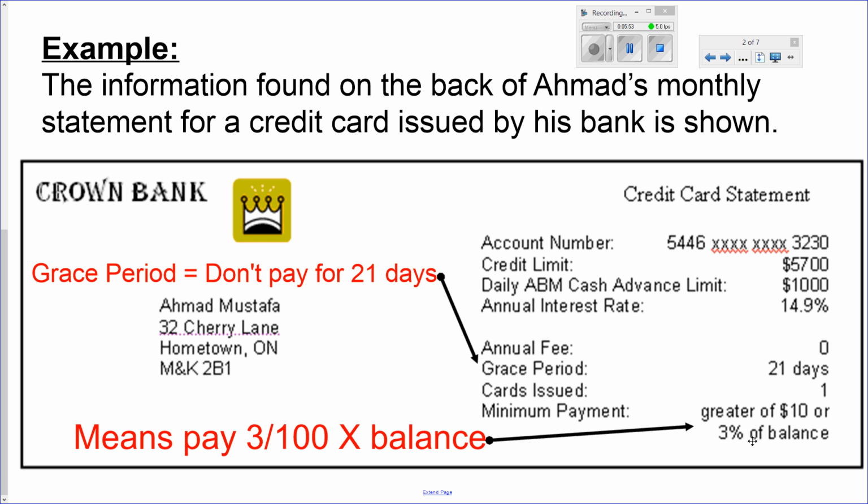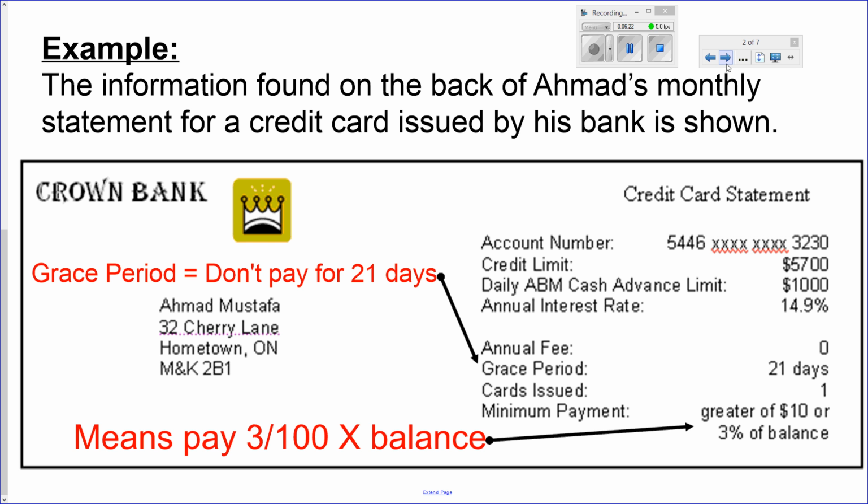Because they're not going to make any money on it if you only pay $2.15 total in interest. That can happen. So we're going to eventually start calculating this during the lesson. This really means 3 over 100 times the balance, just like we practiced last unit. We always took the rate, divided by 100, and got the balance. Okay?